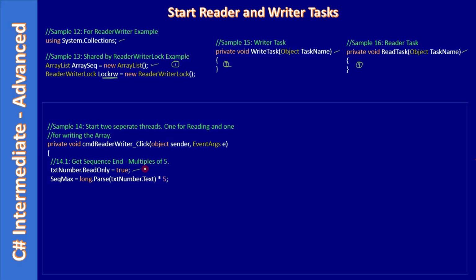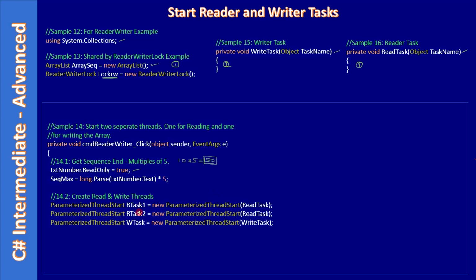So that's why here I'm saying when you feed 10 in the text box, it will be multiplied by 5, and we will be writing 50 elements in the array list.